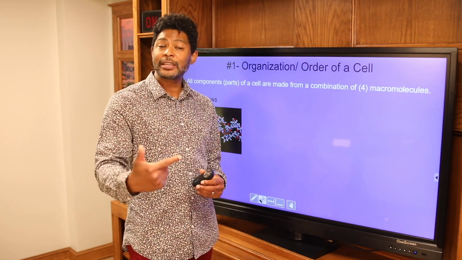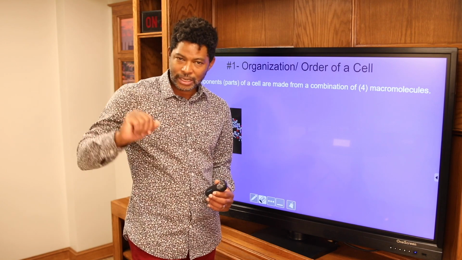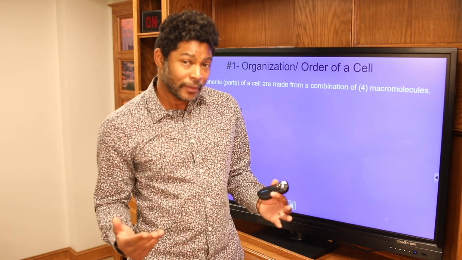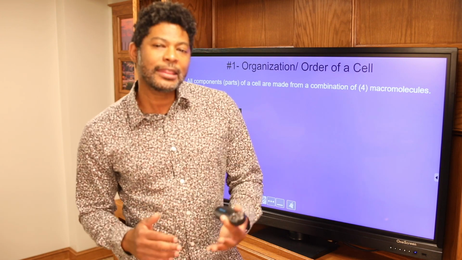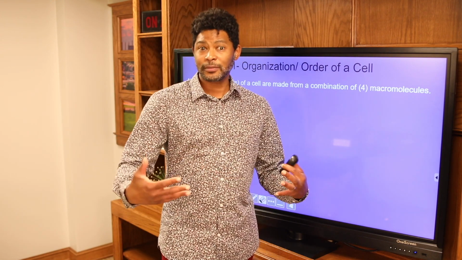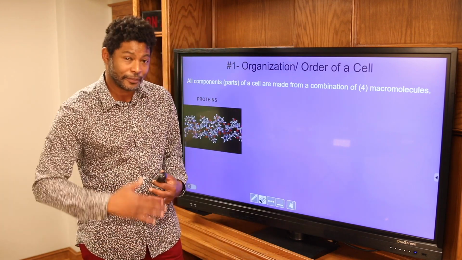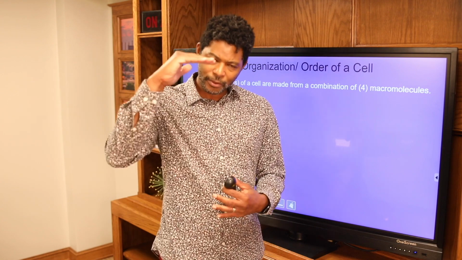You have your secondary, which some people call a corkscrew or a pleated sheet. You have your tertiary, which is like the 3rd level, which is 3-dimensional, and then you have one called a quaternary, which would be like the 4th level. Like if you're going up a flight of stairs, the 4th level is the most complex, the highest level.